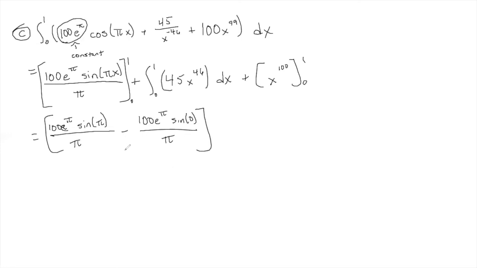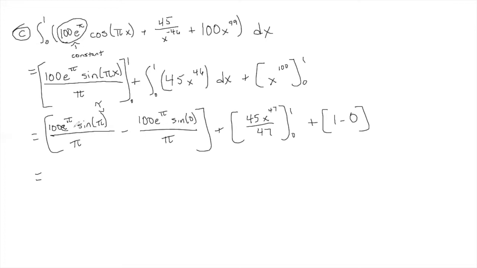Know that this corresponds to this part, plus, and then I get here 45x to the 47th over 47, from 0 to 1, plus, and this is pretty easy, 1 minus 0. 1 to the 100th is still 1, 0 to the 100th is still 0.